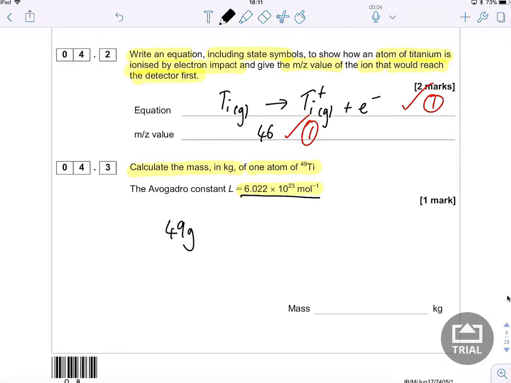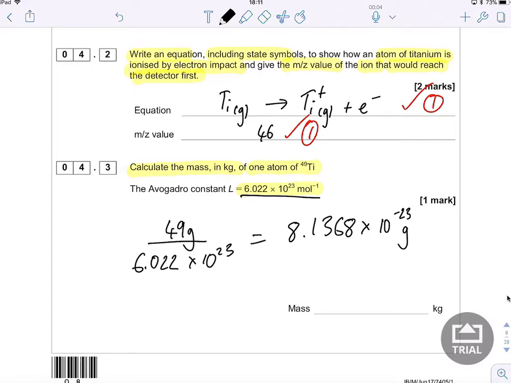So to find out the mass of one atom, I need to take that 49 grams and divide by 6.022 times 10 to the power 23. That gets me 8.1368 times 10 to the negative 23.